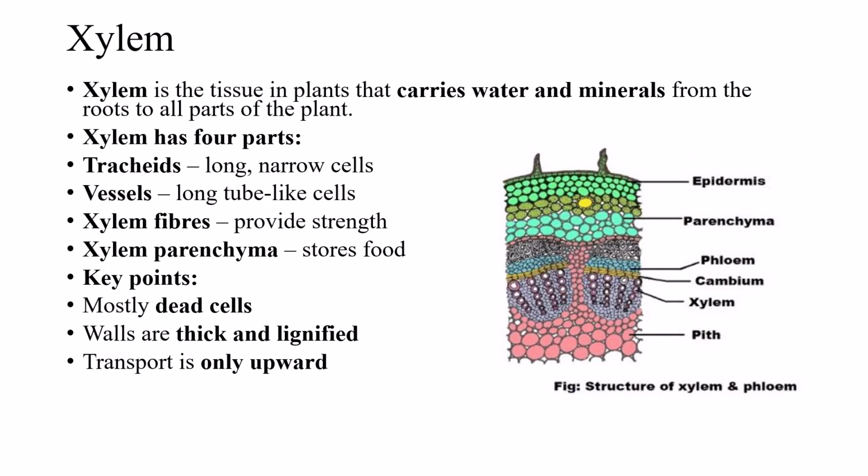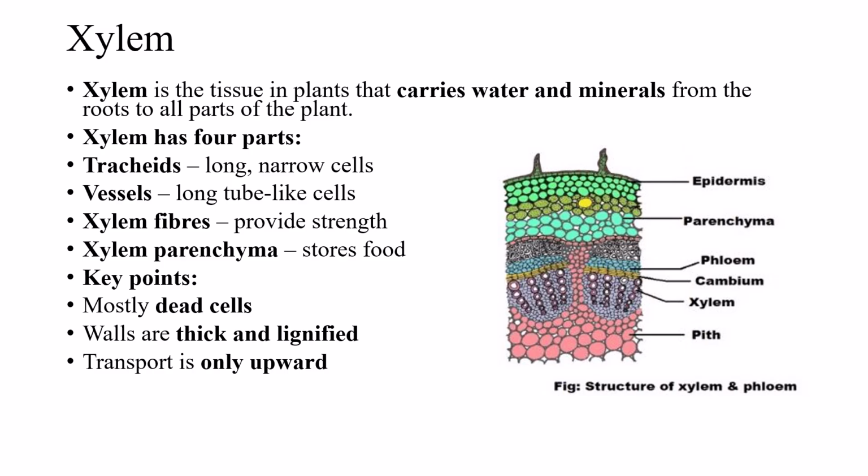Now let's come towards xylem. Okay. Xylem, first of all, carries water and minerals from the roots to all the parts of the plant. First of all, roots are at the bottom in the soil. Then it takes up the water present inside the soil and transports it throughout the plant.